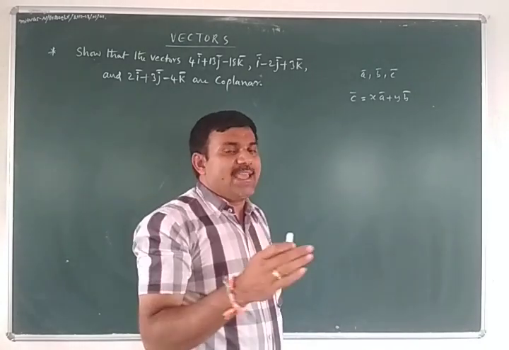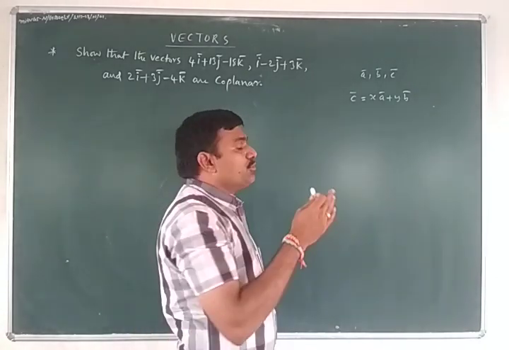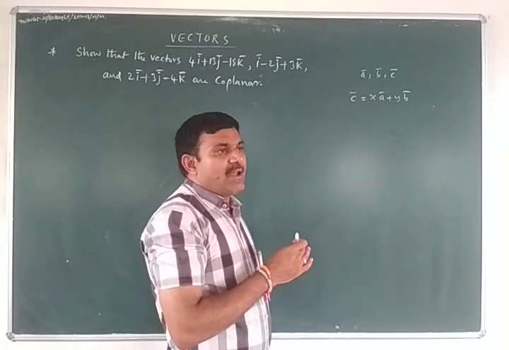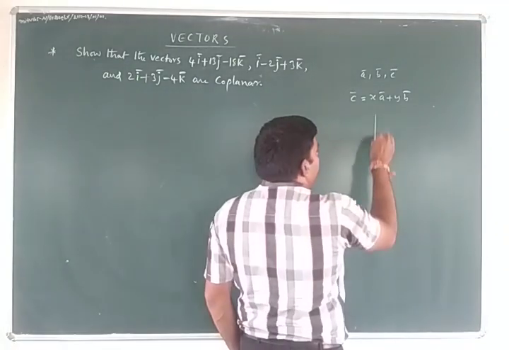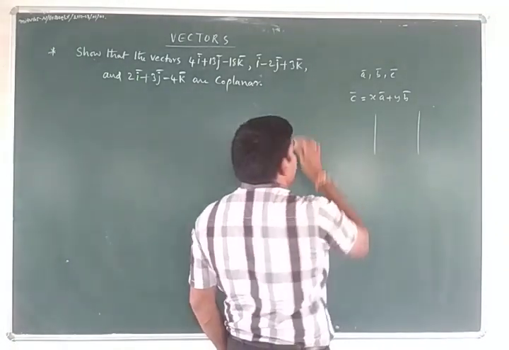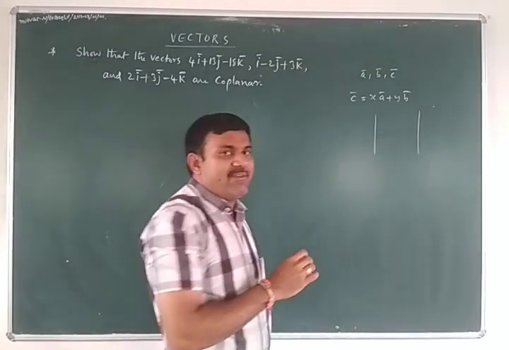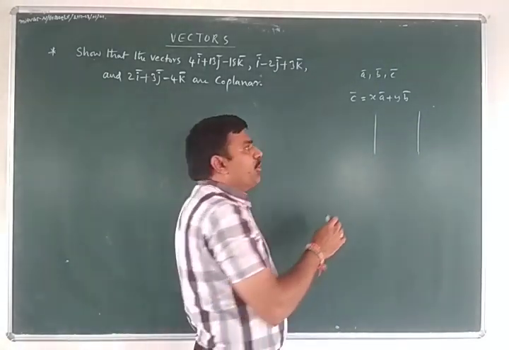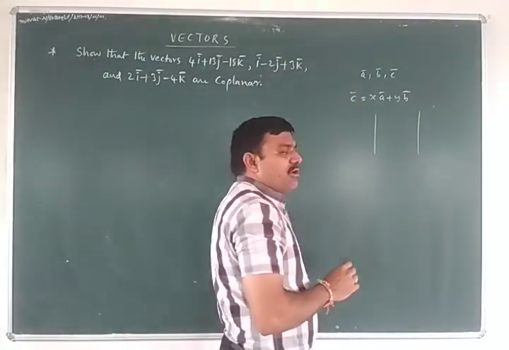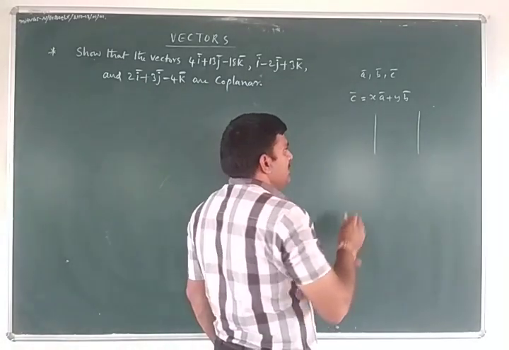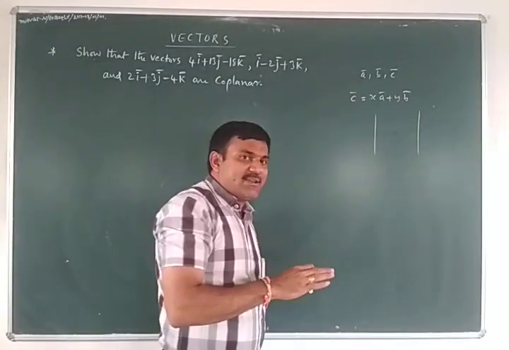There is also one more method: if the determinant of the three vectors is equal to 0, then the given vectors are coplanar vectors. Now I am solving with both methods.